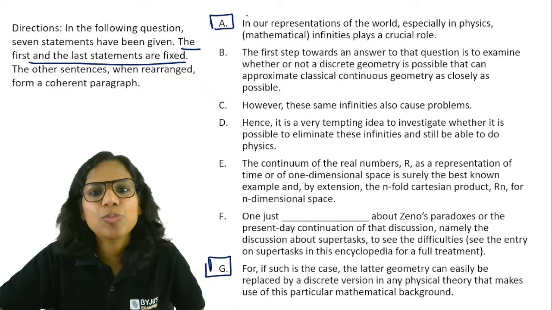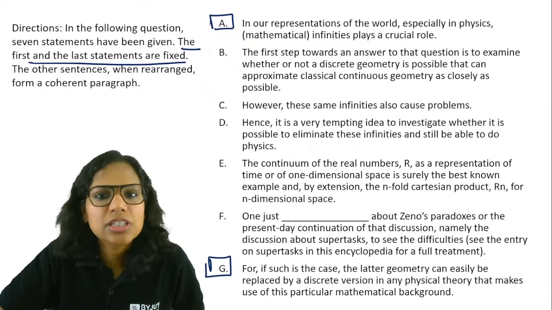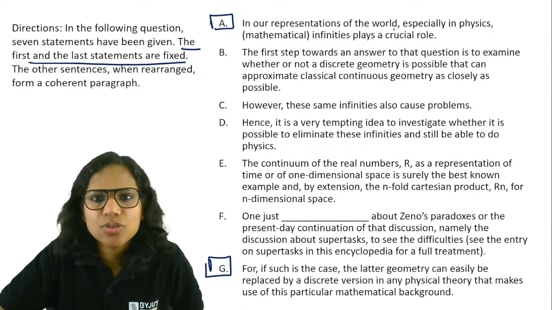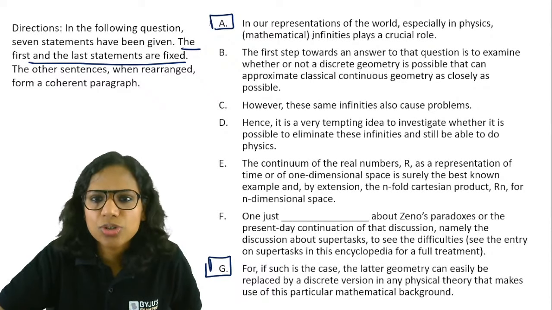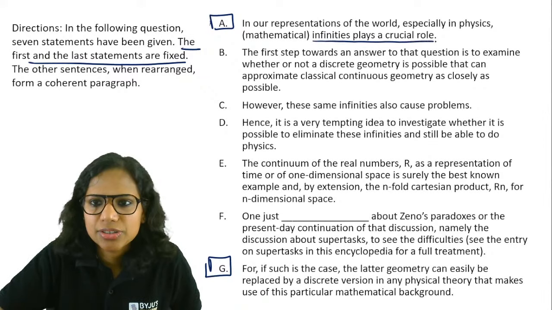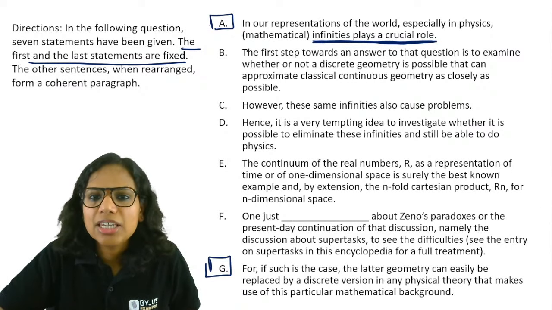Okay, so the first and the last sentences are fixed. So now take their help also. The first sentence usually introduces the issue. In our representations of the world, especially in physics, mathematical infinities play a crucial role. This has to be highlighted. It didn't appear highlighted, but it was supposed to be. So, fine, I am talking about mathematical infinities.